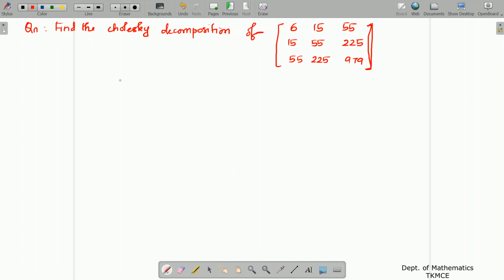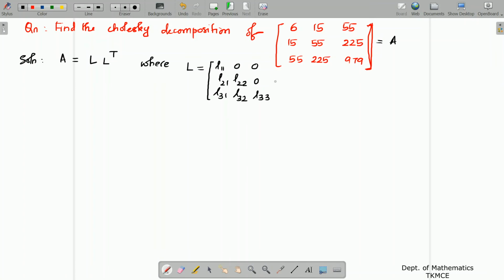Now let us see each of the terms of the lower triangular matrix required. So we have the matrix, let me call this matrix as A. So as the solution, we need this A to be decomposed into L and L transpose, where L is L11 0 0, L21 L22 0, L31 L32 L33.